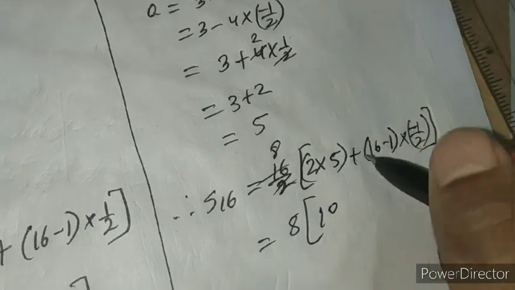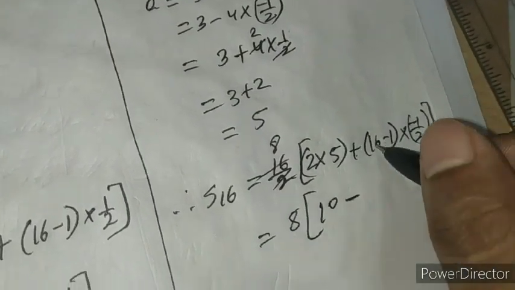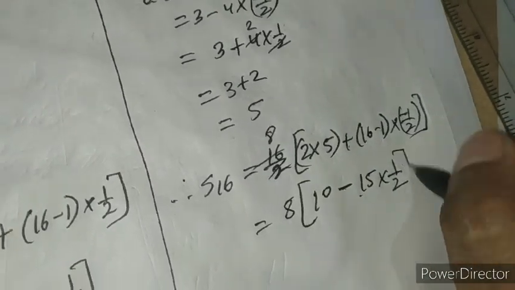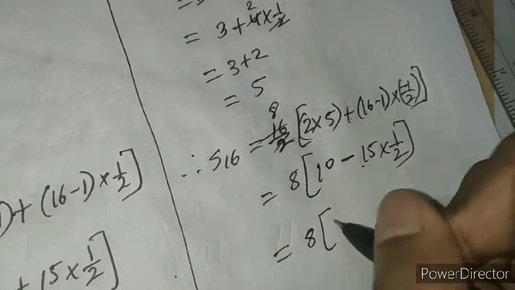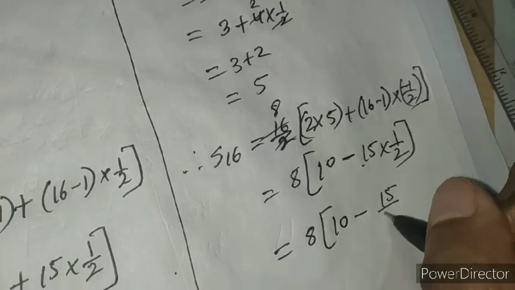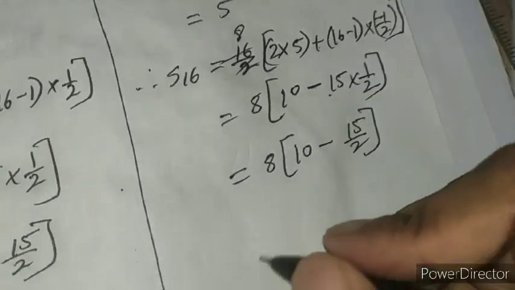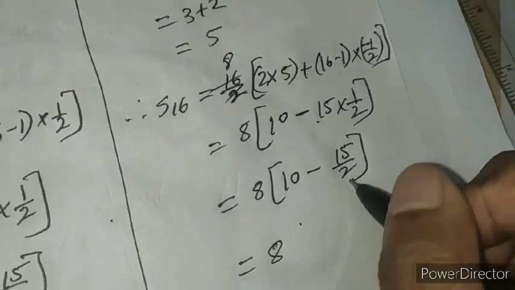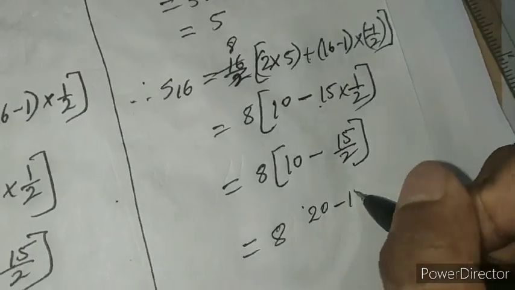This minus will come here, minus 16 minus 1 is 15 into 1 by 2, that is 8 into 10 minus 15 by 2. 2 10s are 20 minus 15 by 2.